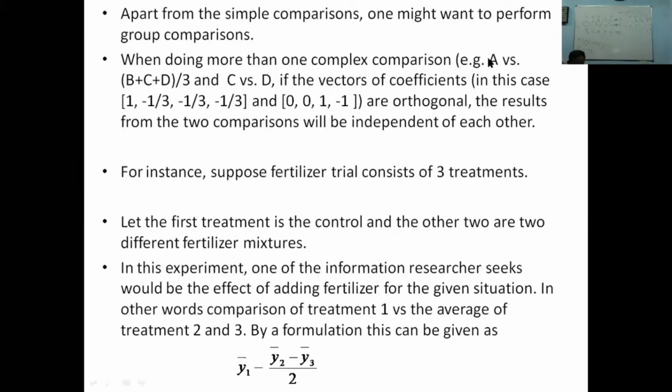Of the form defined earlier, the coefficients of the 3 treatments for the contrast are, so here for this example, we can write it as the contrast. This is A for the first treatment, this is the second treatment, this is the third treatment.